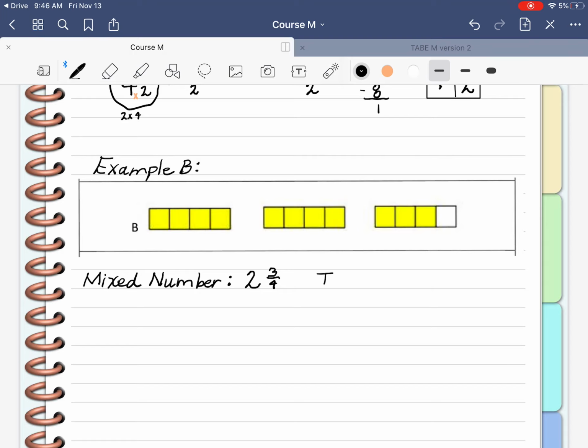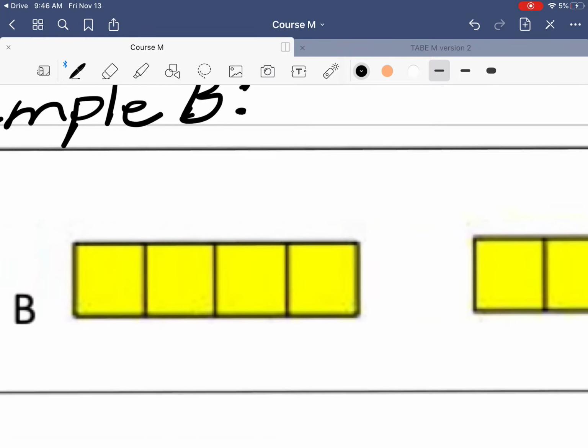So the improper fraction, I'll zoom in and we'll count these. I think that's good practice. Remember, they're cut into fourths.